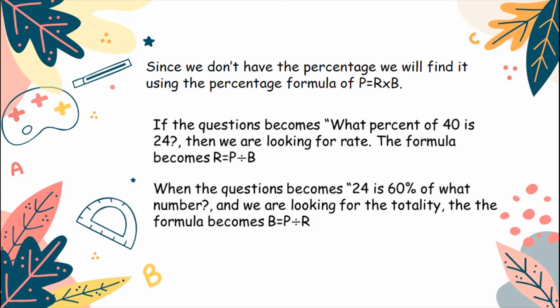Now in this question, it asked of what number? And we are looking for the totality. Then the formula for this one is B is equal to P divided by R. So we're looking for the base here since we are looking for the totality. And again, B stands for the base, P stands for the percentage, and R stands for the rate.